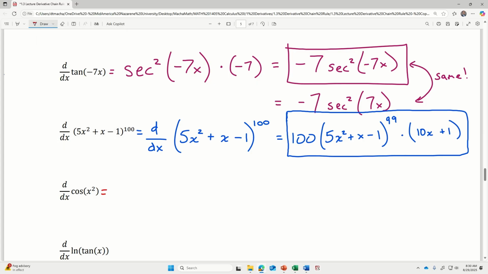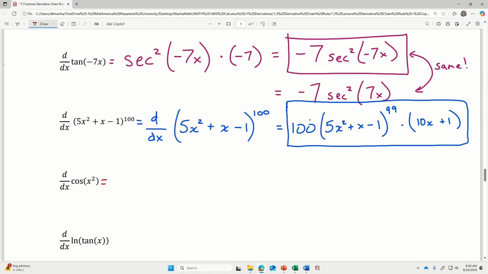Next one, cosine of x squared. What's my outside function? Cosine. What's the derivative of cosine? Negative sine. So we write the derivative of the outside function.